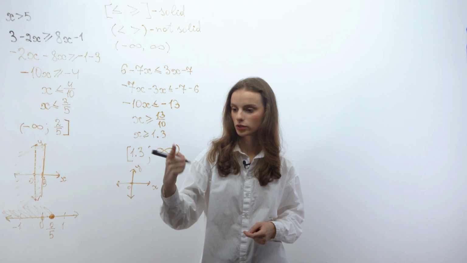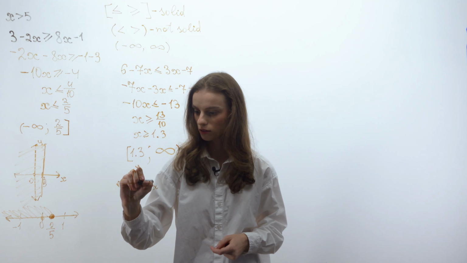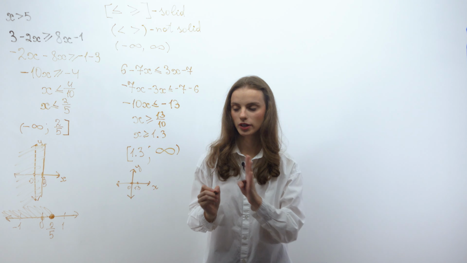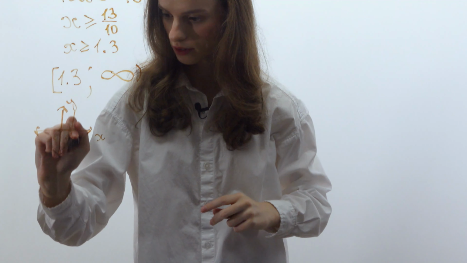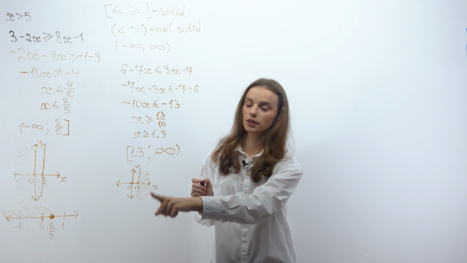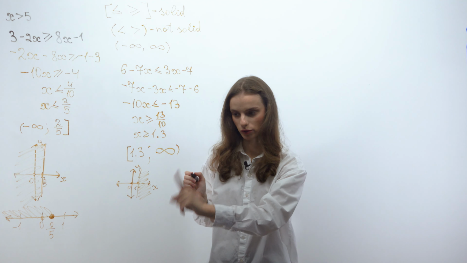Okay, 1.3 is going to be on the positive x-axis, somewhere here. So any number that includes 1.3 and greater, it's going to go to the right. And my line is going to be solid because it includes 1.3.